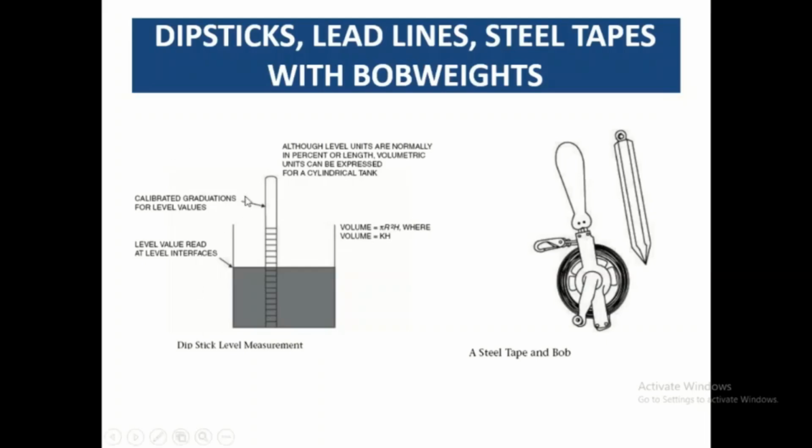But again, it is dangerous if you are dealing with liquid coming at a higher temperature, so ultimately it has certain limitations. On the other hand, if we talk about a steel tape and bob, a bob weight is attached at the end of the tape. Once you let the tape down, standing at the top of the tank, the bob weight moves down due to its weight and submerges in the liquid.